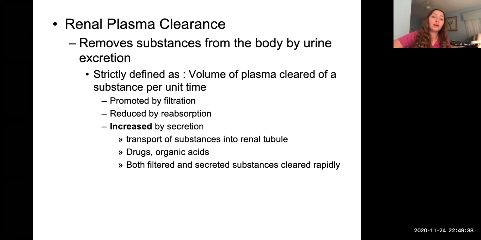It's increased by secretion, which means that if more of it is put into the tubules as it goes around, then it will be cleared faster. You got me? More of it will be cleared in a given time. Okay?